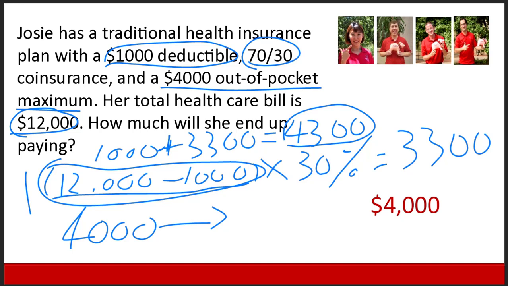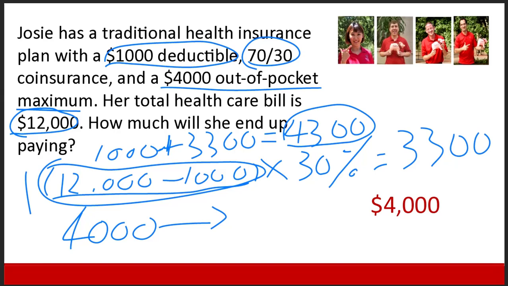Okay. So basically in the exam, we will also ask a question about how much is her total out-of-pocket cost and how much is her total cost of the health insurance. So anybody know the difference between these two terms? There are two terms we're going to ask in the exam.